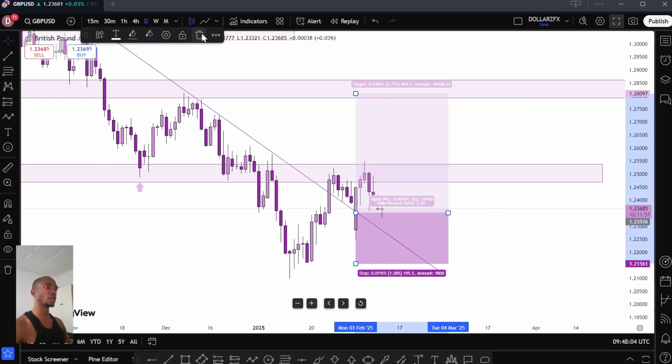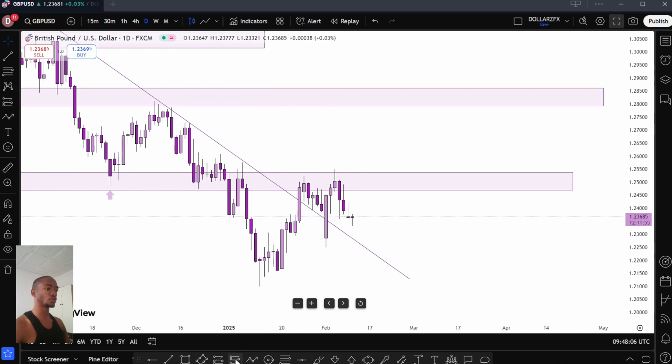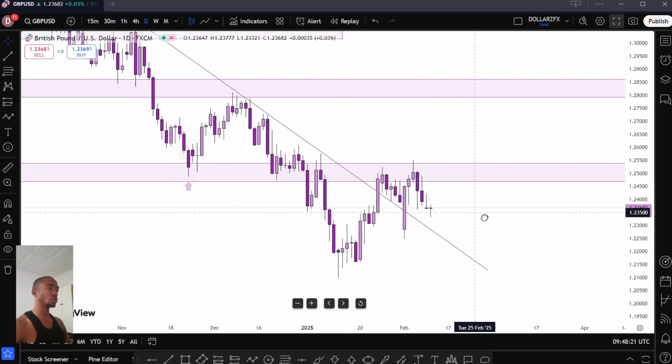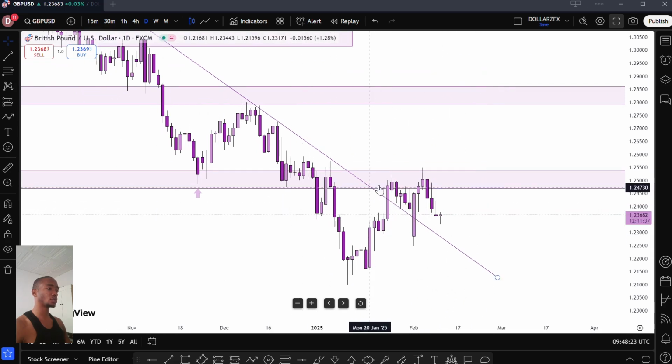So if you want to look for buy, the thing I advise is for you to wait for a proper breakout of this support area or resistance area, and come back to test this area, and then you look for a buy opportunity. But for now, you want to anticipate a selling opportunity, because we are still at this resistance zone.